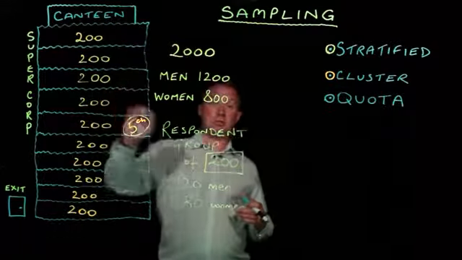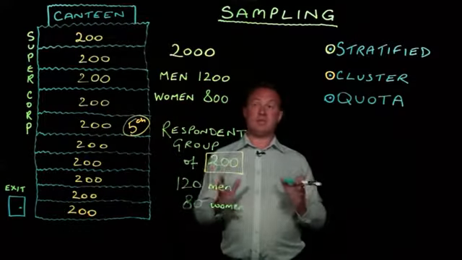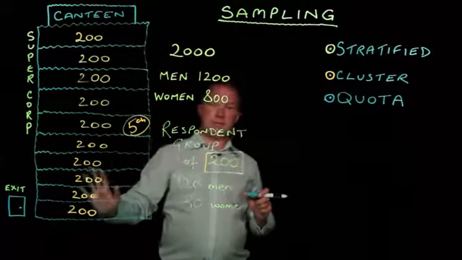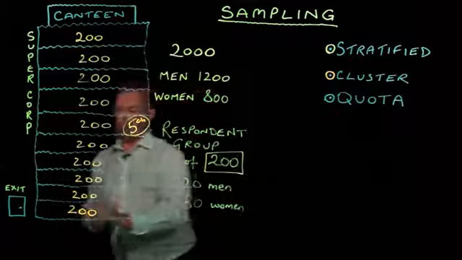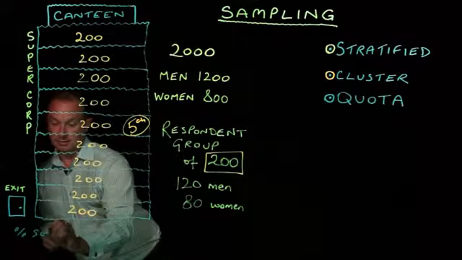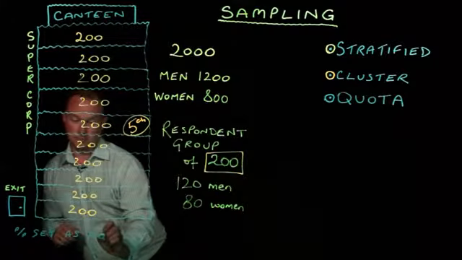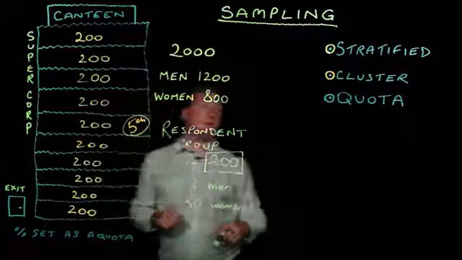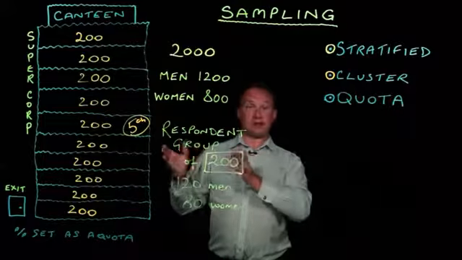I would give those the questionnaire, safe in the knowledge that I had got a percentage that I'd picked, a quota that I'd picked, that would be represented within my sample. So here I could say I had a percentage that I had set as a quota. So for my random sample, I have ensured that that group were represented within it.